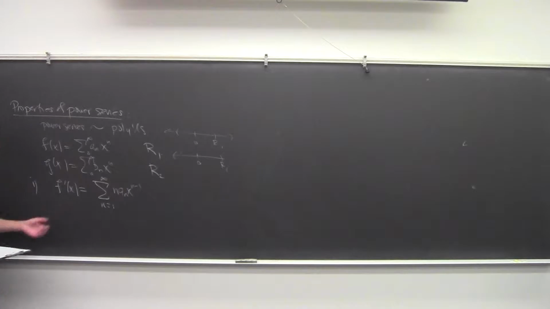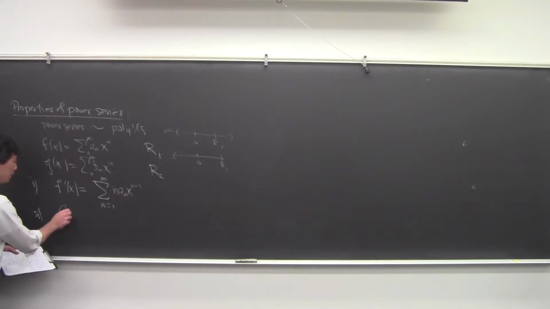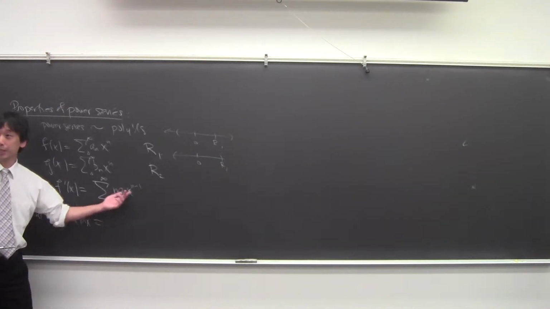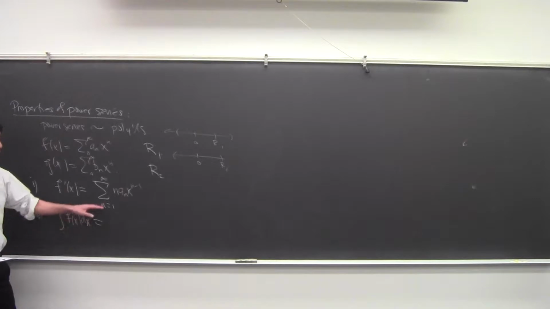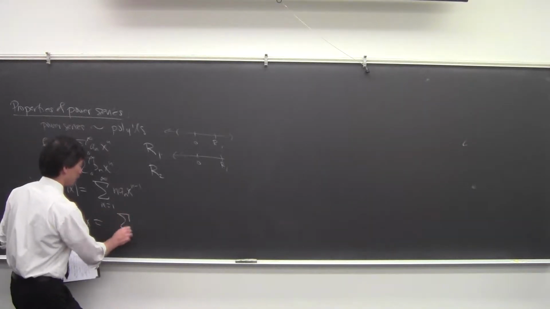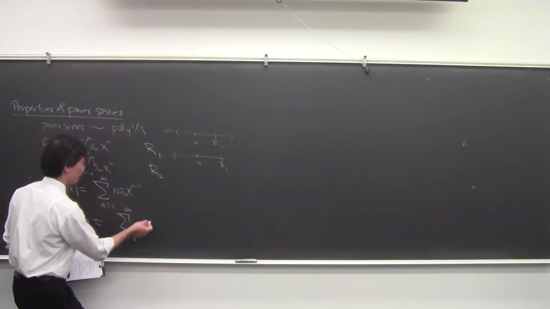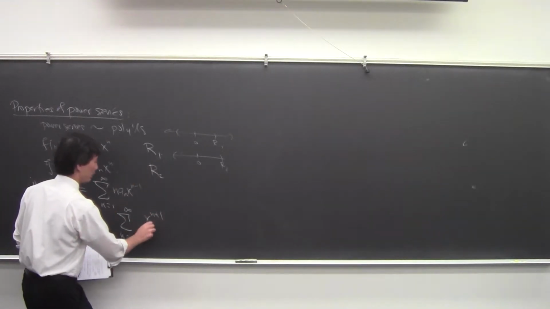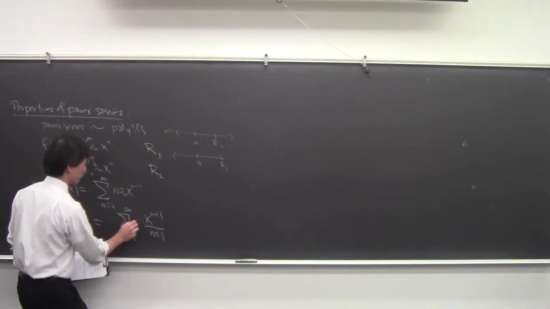And if you wanted to find an antiderivative, you'd just take the antiderivatives term by term, so you get the summation from n equals 0 to infinity of x to the n plus 1 over n plus 1 times our coefficient b sub n.